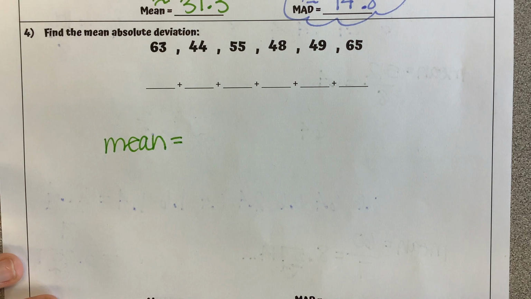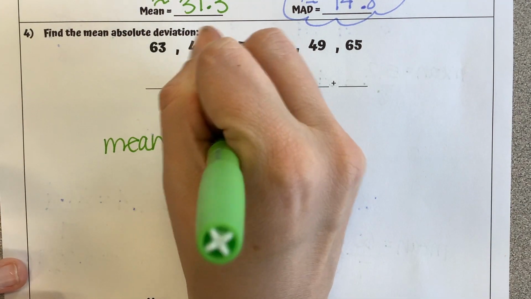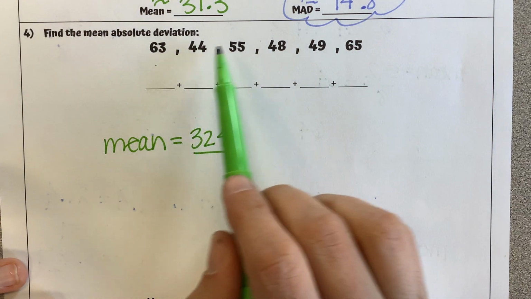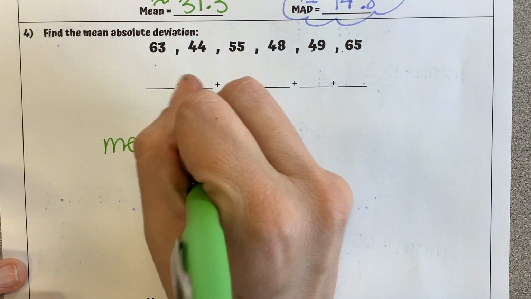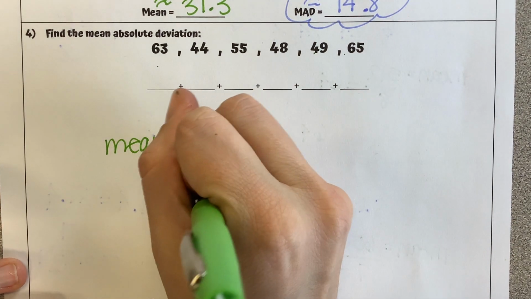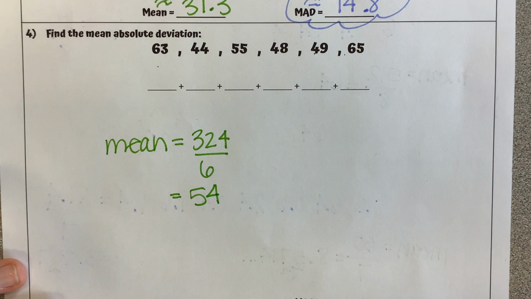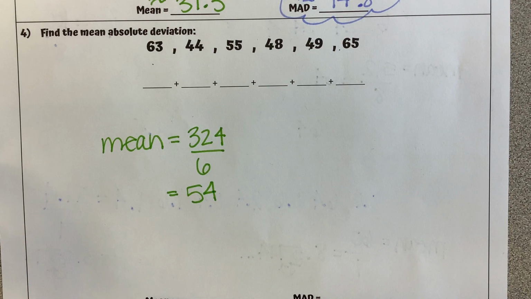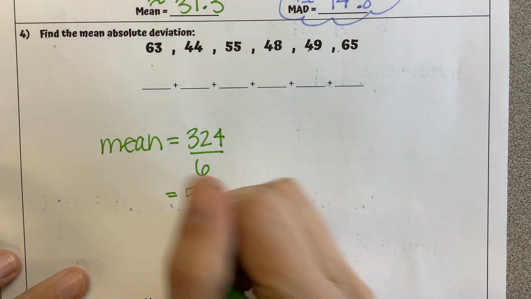So I'm adding these up, 63 plus 44 plus 55 plus 48 plus 49 plus 65 is 324. Divided by 1, 2, 3, 4, 5, 6 values. Which is 54. Then we're going to find the distances. Sorry, that's our mean.